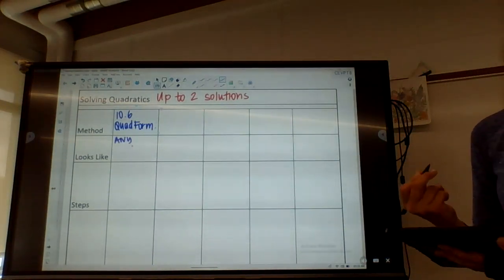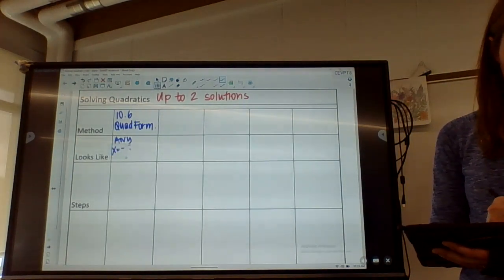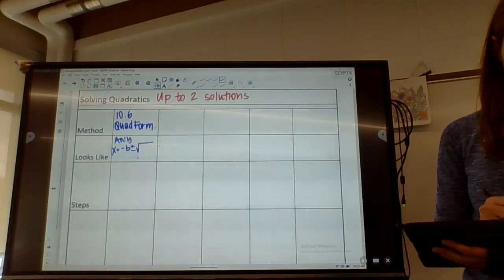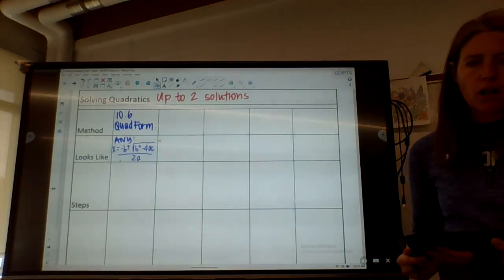And this is that big formula. Sorry, I'm going to try to write that skinnier. So that's negative b plus or minus the square root of b squared minus 4ac all over 2a.